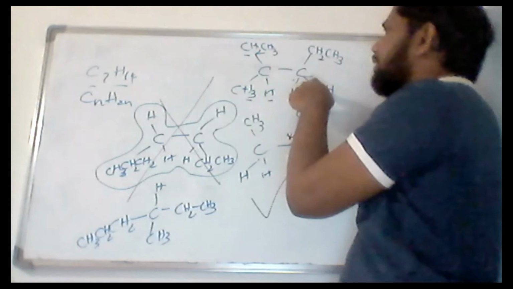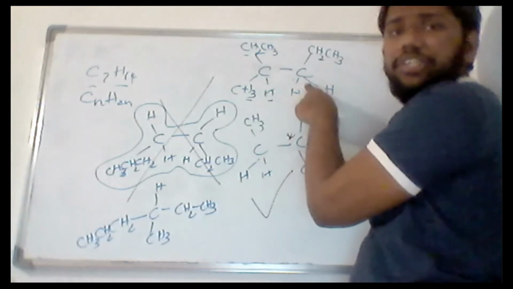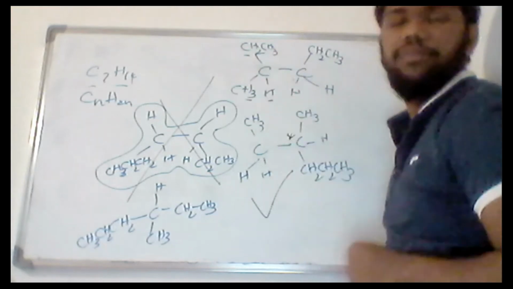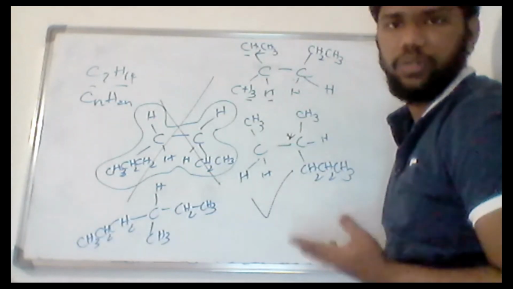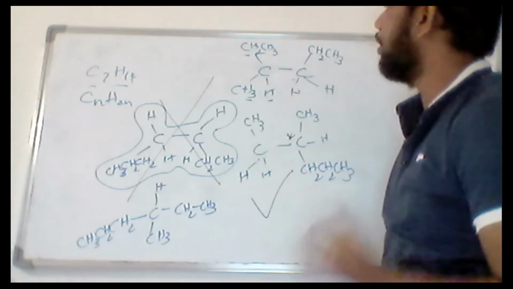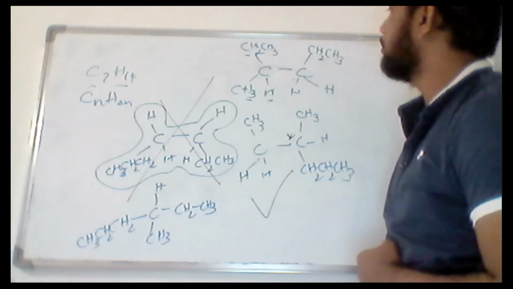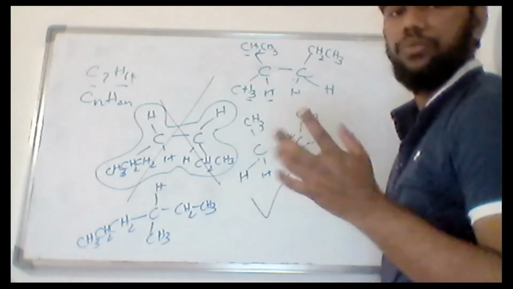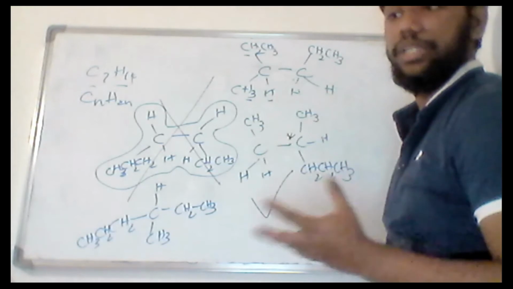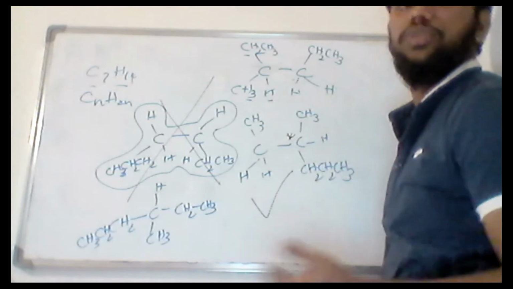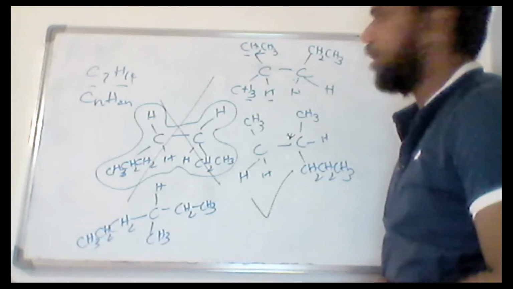And this carbon itself cannot be a chiral center, which means this gives me the idea there is a problem with this one. So what is the problem with this one? Think about that. What is the problem? Can you just imagine what it can be based on the structure that we drew previously?